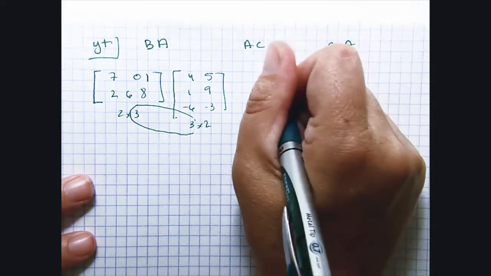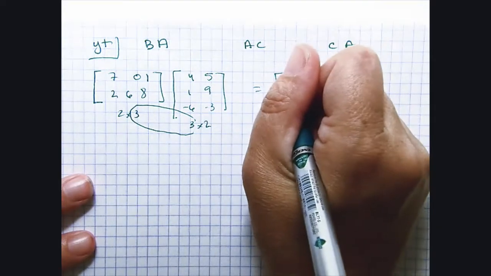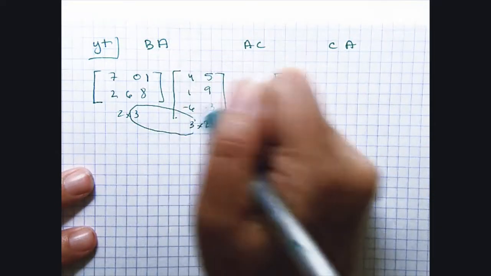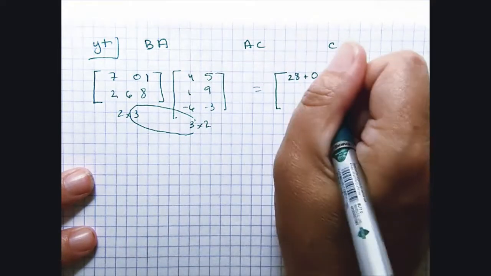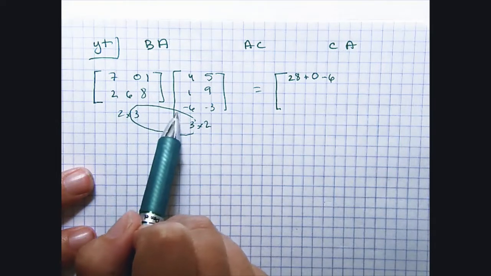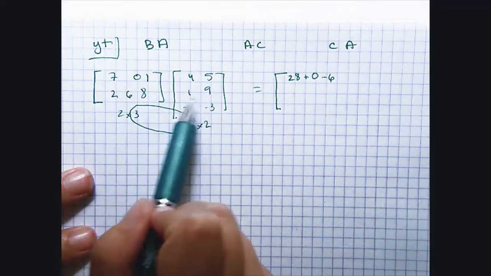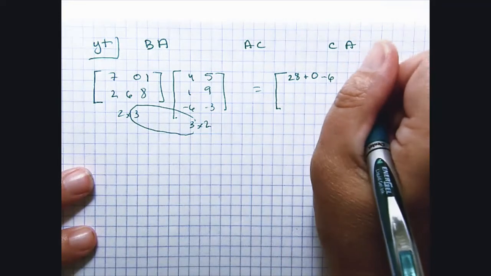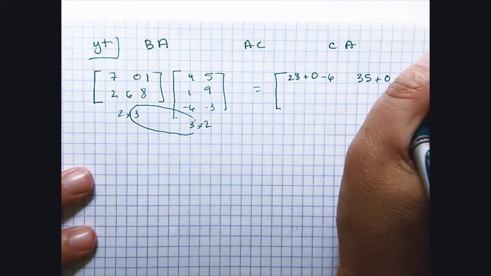And I'm just going to go ahead and show the second step, which would be multiplying row 1 into column 1, which will be 28 plus 0 minus 6, so 7 times 4 plus 0 times 1 plus 1 times negative 6. Now I'm going to multiply row 1 into column 2. 7 times 5, 0 times 9, 1 times negative 3. So 35 plus 0 minus 3.